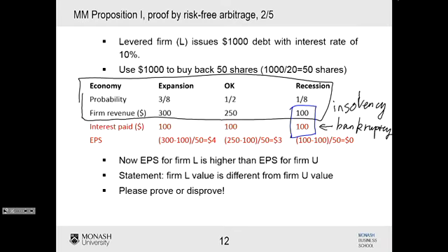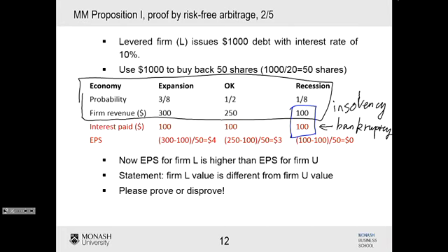In the worst possible scenario, which is the economy in recession, the company earns $100 revenue, and the company has to pay $100 in interest. As you can see, I'm emphasizing here that the interest payment is fixed, compulsory, regardless of how the economy is performing.